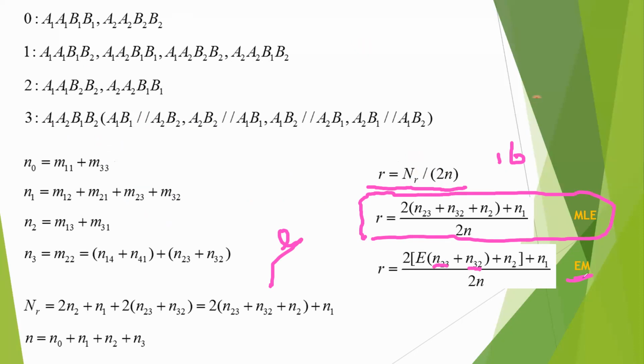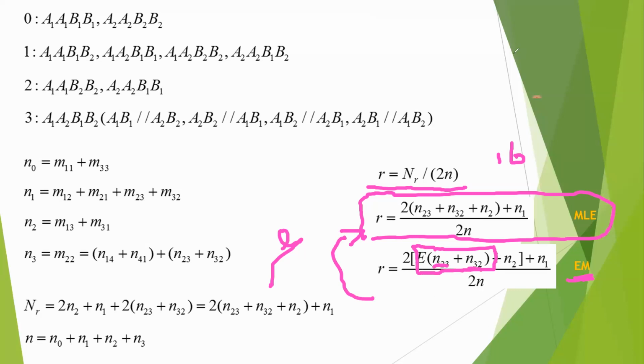So then we can use the EM algorithm. In the E step, the expectation step, we plug in the expectation of these two missing variables, then we have the full data. We can easily use this MLE in the M step, the maximization step.